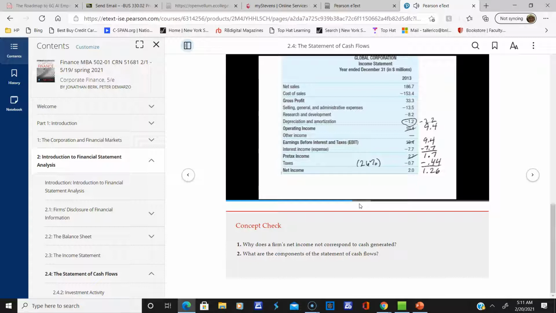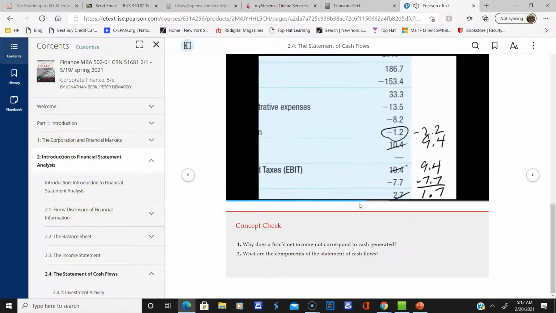So now the question is, what's going to happen to our cash? Now remember, the thing about depreciation is that it's not an actual cash outflow. So it's a quasi-expense in the sense that it's an expense for computing taxable income, but there's no cash outflow associated with it.